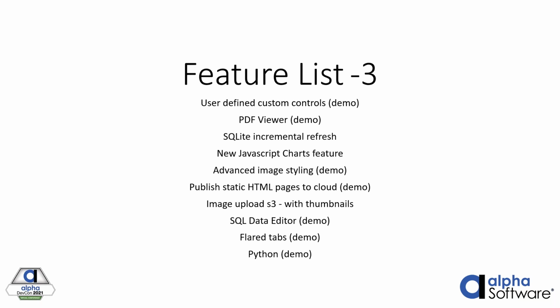For example, a SQLite database can easily be, say, 200 megabytes in size. And when you want to refresh that with new data, having to recreate the entire database would be too time consuming. So we added the concept of SQLite incremental refresh. So you can then refresh the data in a SQLite database when the server data changes. You can do that now in a fraction of a second. It's a really powerful feature.